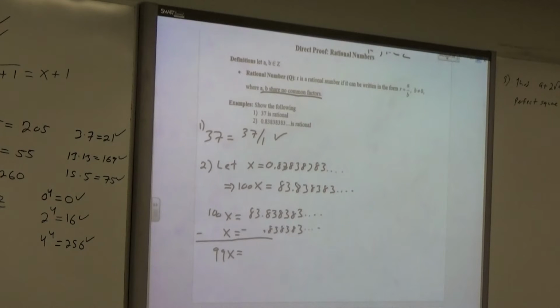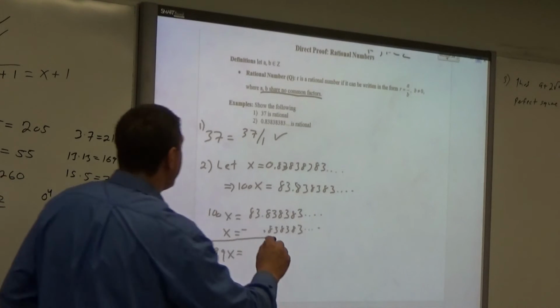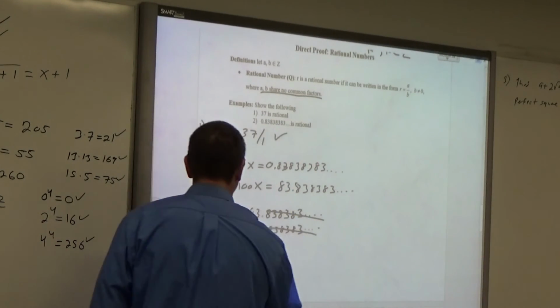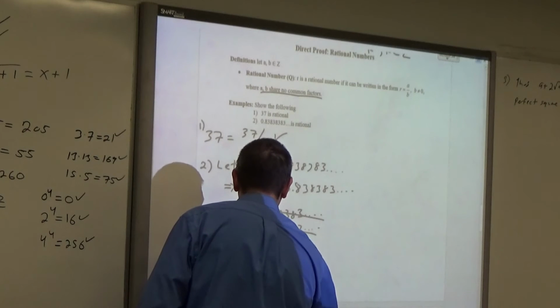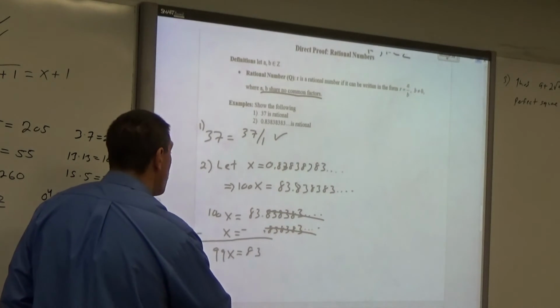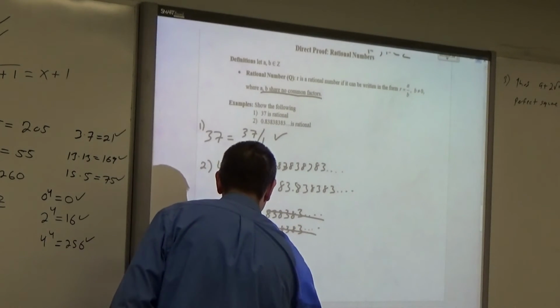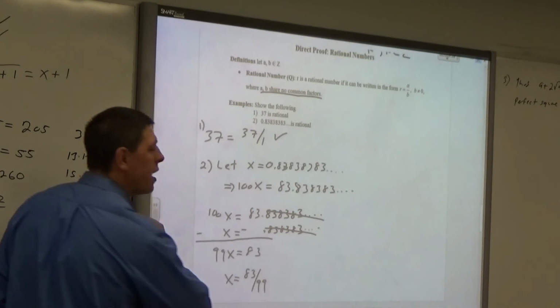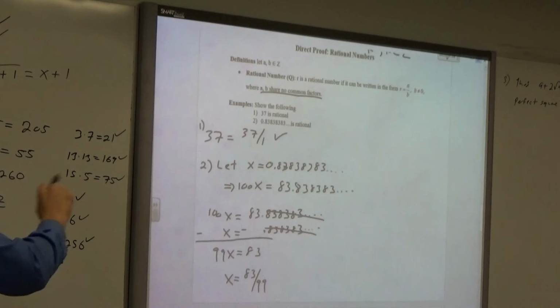It's very sneaky. So how does that help us, guys? Because when we subtract that, we're left with what? 83, right? Because all those non-terminating but repeating decimals cancel out. So I'm left with 99x equals 83, or in other words, x equals 83/99. And guys, isn't that an integer divided by an integer, which is the very definition of rational? Now, what if you don't believe me?